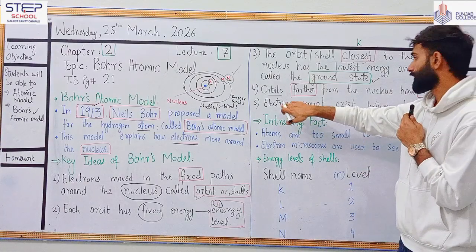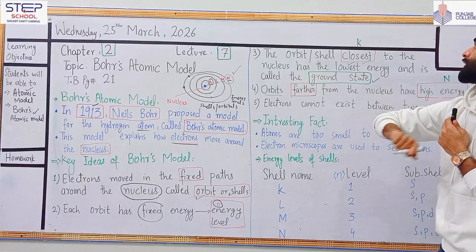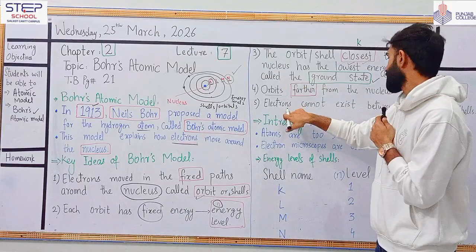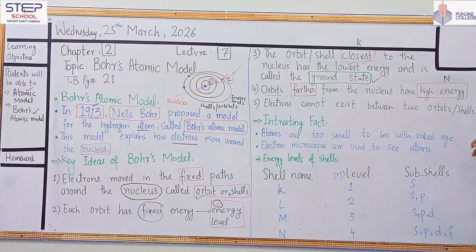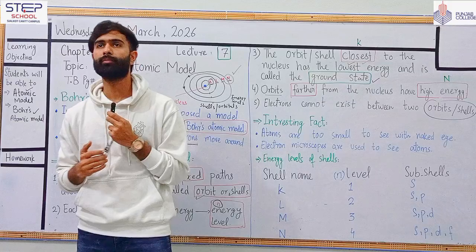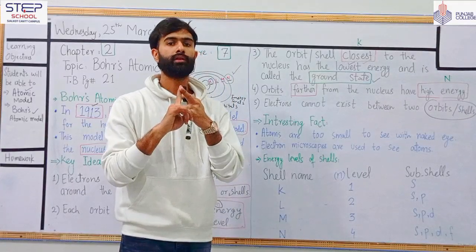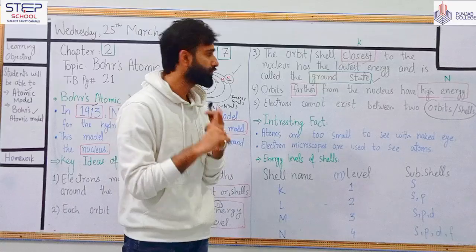Dear students, the fifth point given by the Bohr atomic model: electrons cannot exist between two orbits. It means each electron has its own shell.